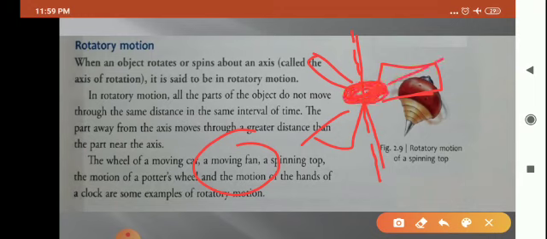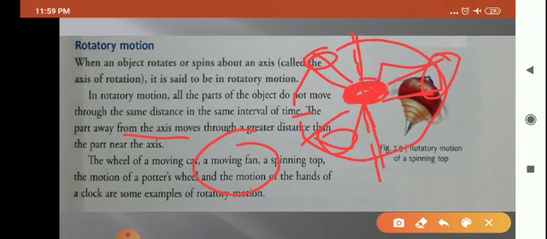The part away from the axis, like the blades of the fan, will cover more distance as compared to the center part. The center part will rotate here only, so it is not covering much distance, but as you move away from the axis of rotation, the object will cover more distance, okay.